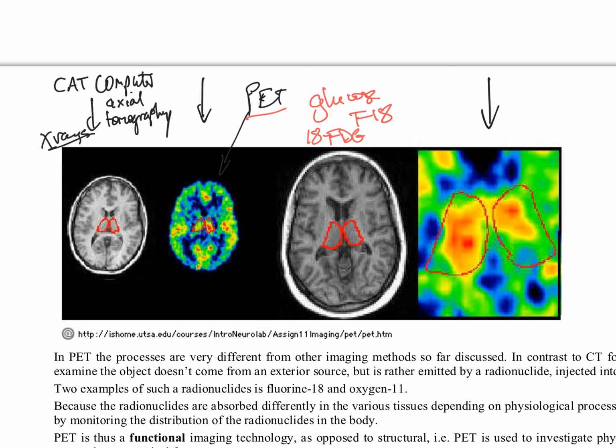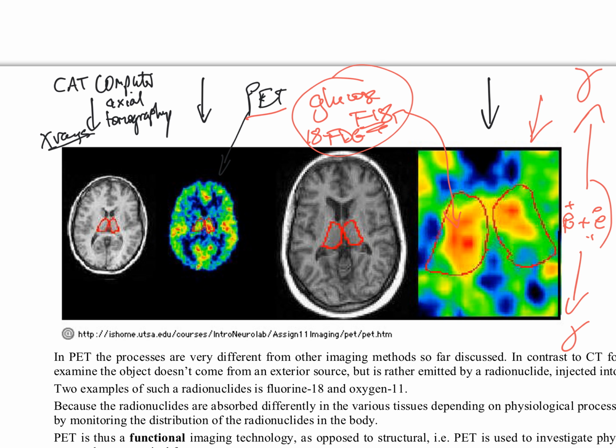The PET scan, however, shows areas lighting up when the patient is asked questions or asked to do something. Extra blood flow goes to that part of the brain carrying glucose, depositing the glucose with the fluorine-18, and you get that annihilation of positron and electron in those areas, producing your two gamma rays at 180 degrees to each other.